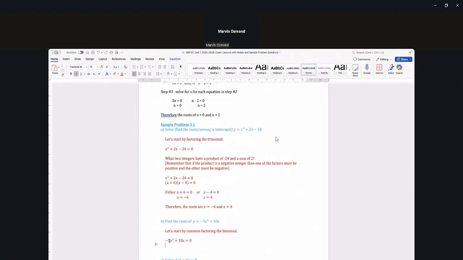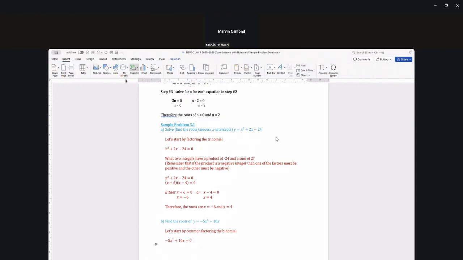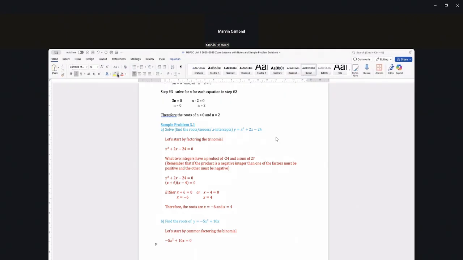Well, we always take the negative sign in front of the first one if we can. So we can common factor a negative 5. And you notice there's an x squared and an x term, so we can common factor an x out as well. Then we're going to put a bracket.